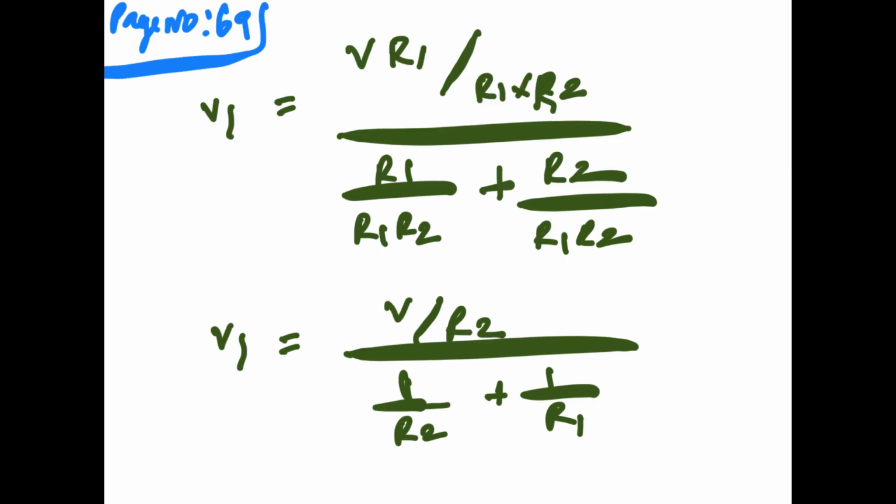In this, we obtain V1 as V times 1 divided by R2, divided by 1 divided by R2 plus 1 divided by R1.